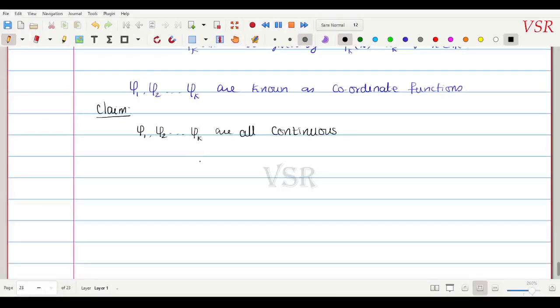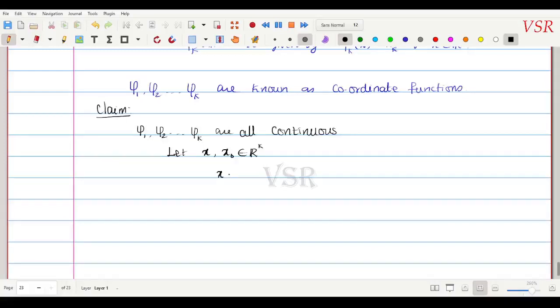Okay, let x comma x naught belong to r power k. Okay, then the x வந்து எப்படி எழுதலாம் அப்படின்னா this x can be expressed in coordinates. Okay, x and x naught.